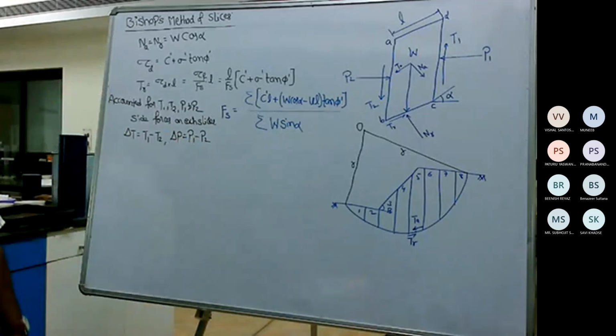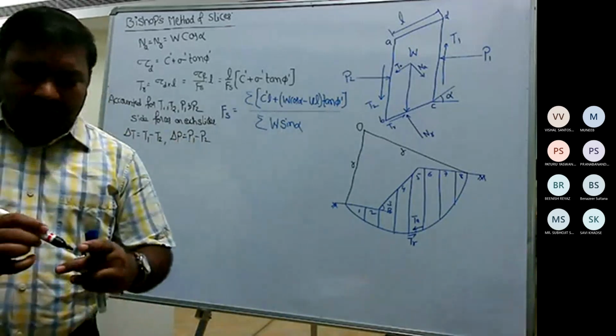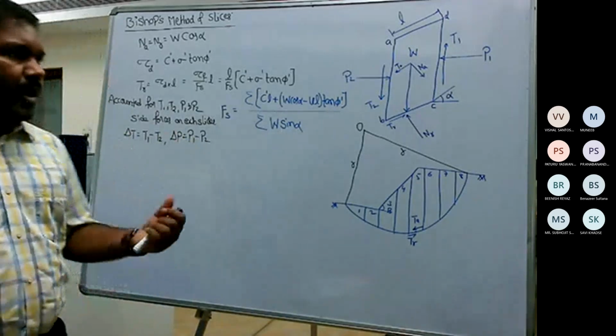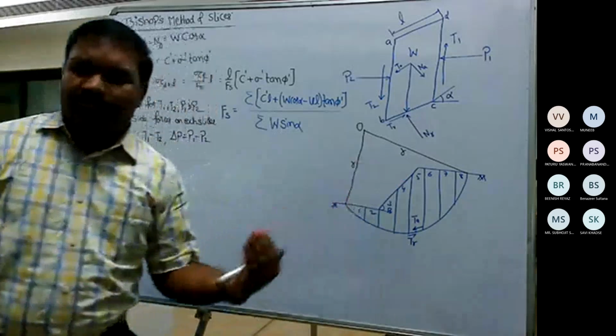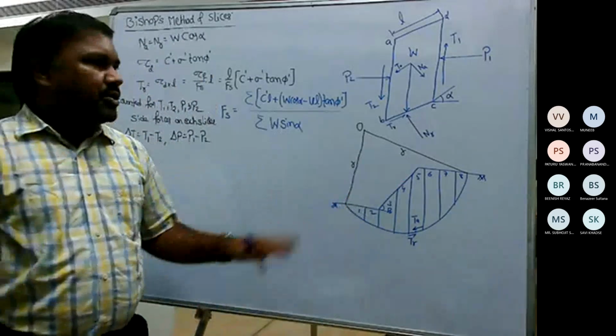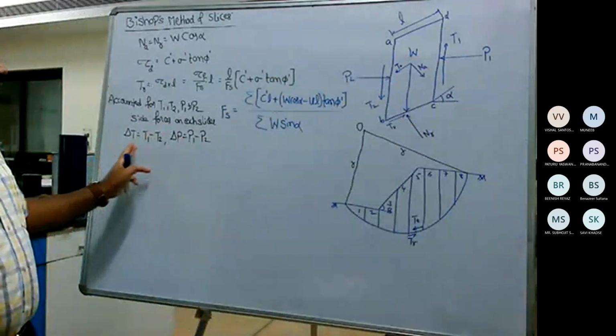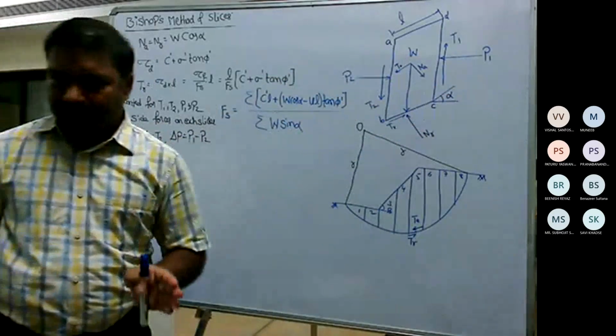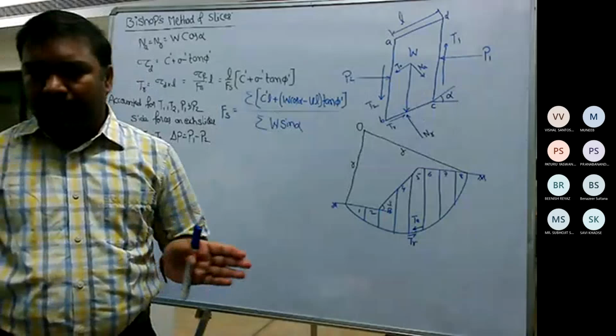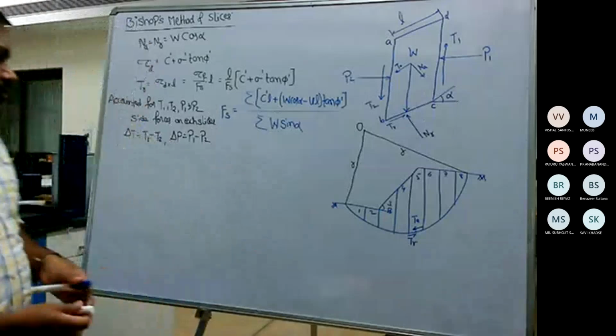While this delta T and delta P could be positive or negative, we do not know, depending upon the interaction, from where you are starting. For the time being we are taking both delta P and delta T as positive values.